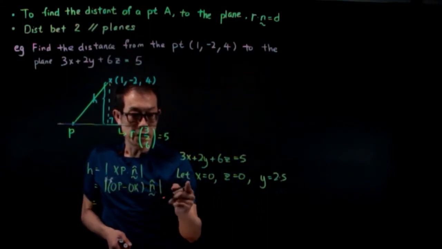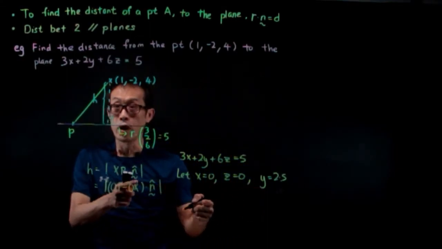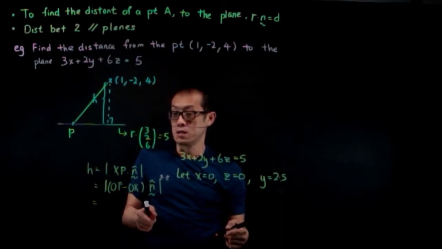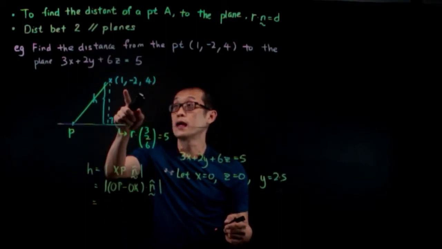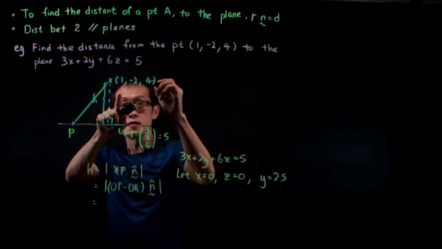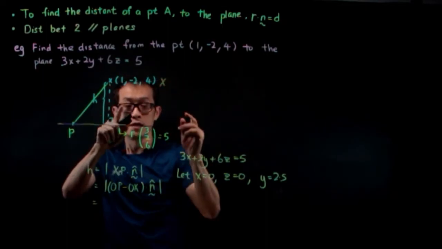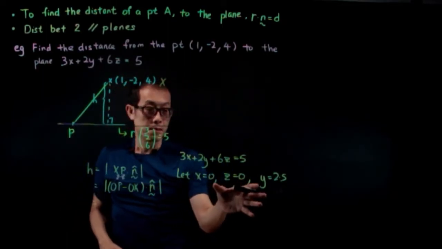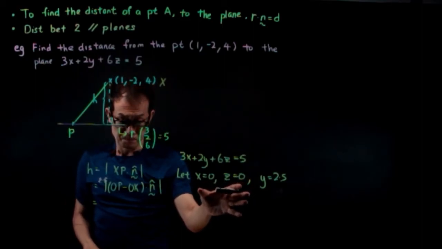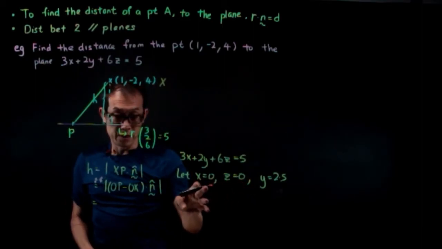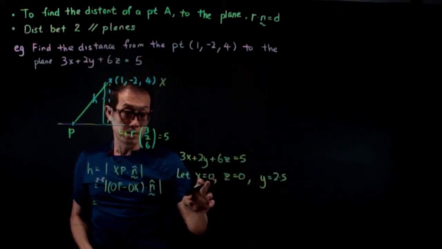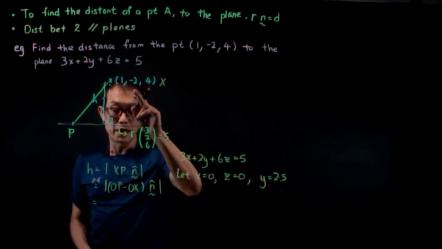Now what is OP minus OX? Let this point be called X. So OP minus OX, this is P, so this minus this.